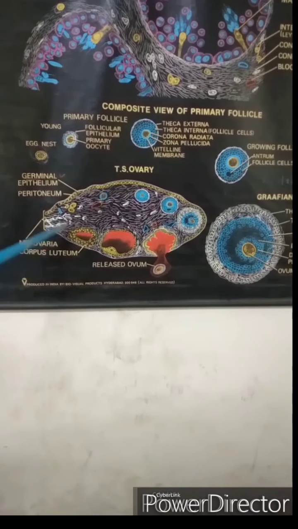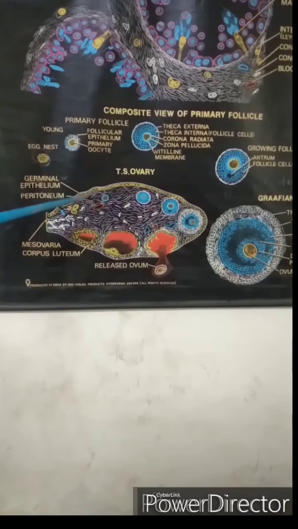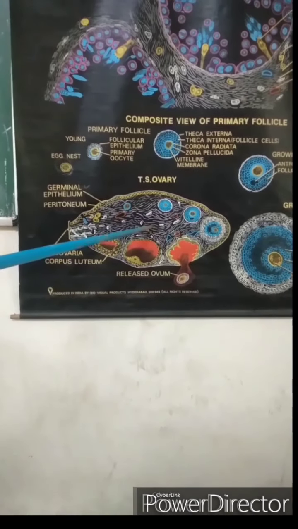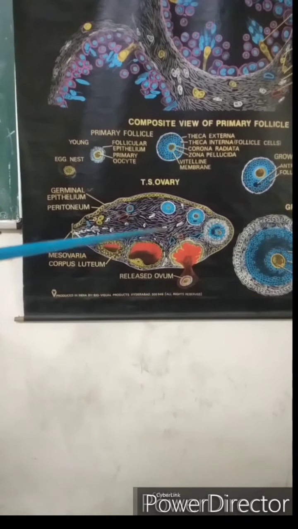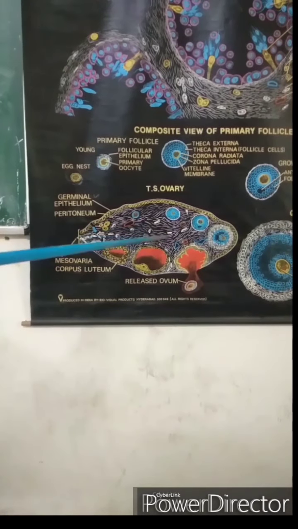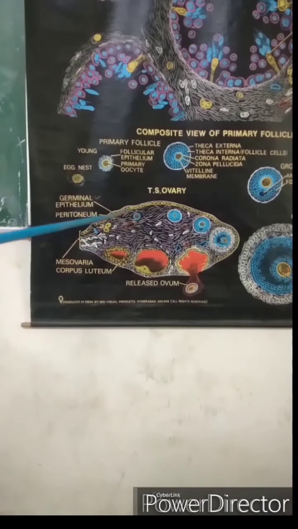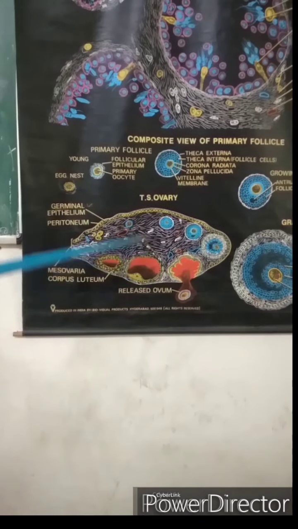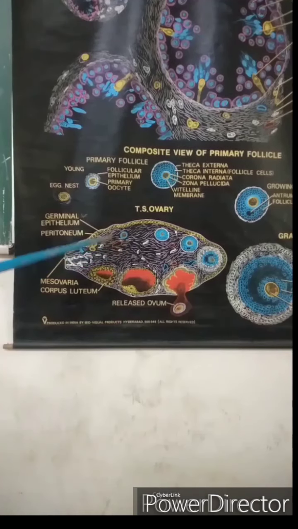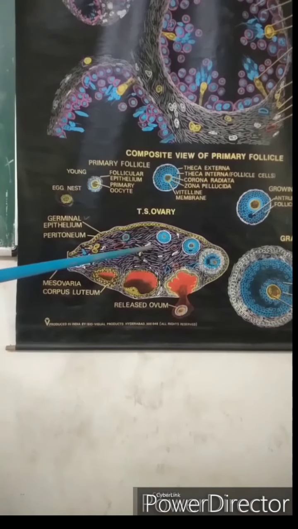Cortex is the outermost thick covering, whereas medulla is the thin inner substance. Cortex is made up of numerous reticular fibers, connective tissue and blood capillaries.